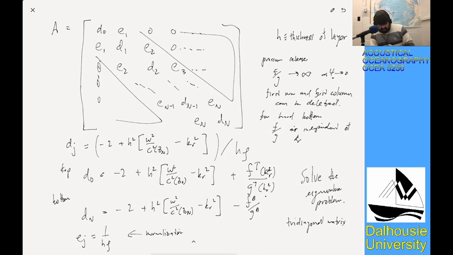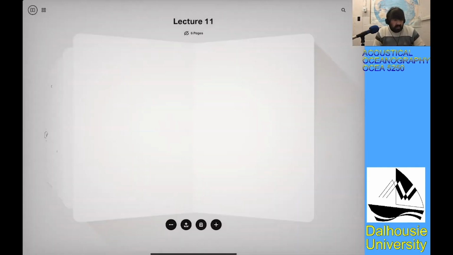But it's also symmetric. So we have a symmetric tridiagonal matrix, and there are many routines. This is where something like a software library in MATLAB is very helpful. And as I was saying, we're going to find n eigenvalues.